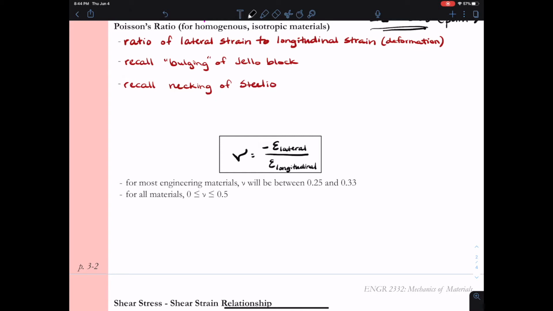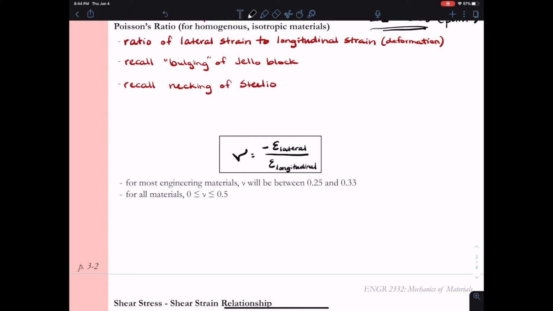We can't really go above 0.5. If you go above 0.5, that means as you squeeze your object, it's magically multiplying or growing in the lateral direction. That's why we have that bound on Poisson's ratio.